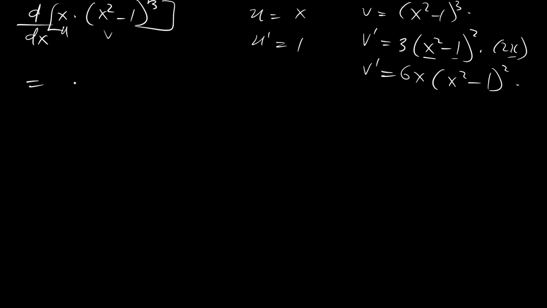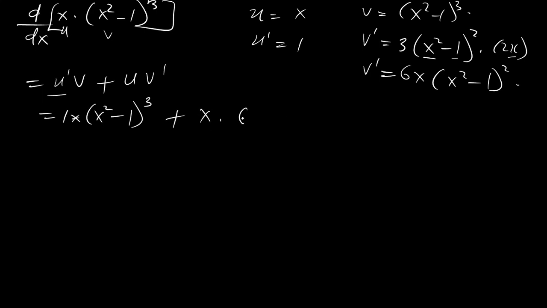So now the derivative will be u prime v plus u v prime. So you have u prime as 1 times x squared minus 1 to the power 3, plus u, which is x, times v prime, which is 6x into x squared minus 1 raised to the power 2.